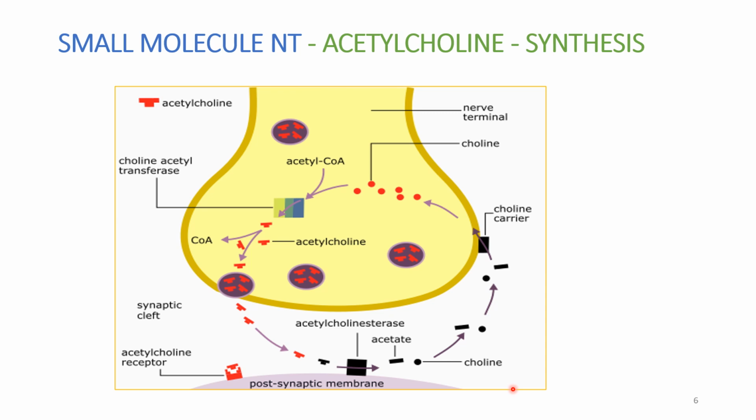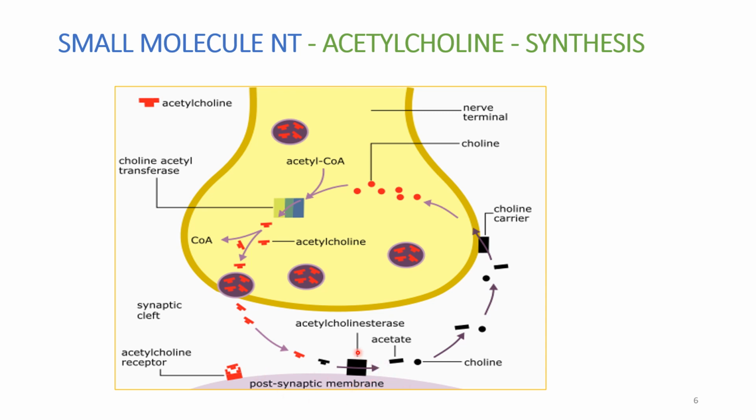On the postsynaptic membrane, you may have nicotinic receptors or muscarinic receptors. Muscarinic receptors are named because they respond to a mushroom poison called muscarine. Where these receptors are present is important. After binding with the receptors, it will cause action. We will see that later.